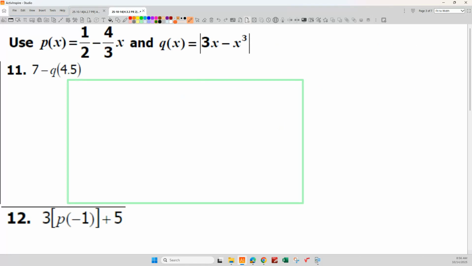How would I go about doing number 11? If I want to simplify that expression, what would I have to do first? Seven minus q of 4.5.